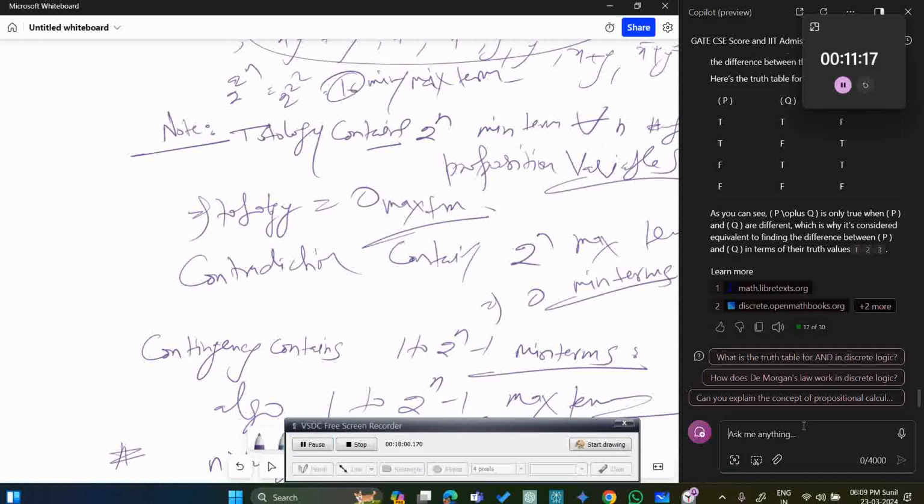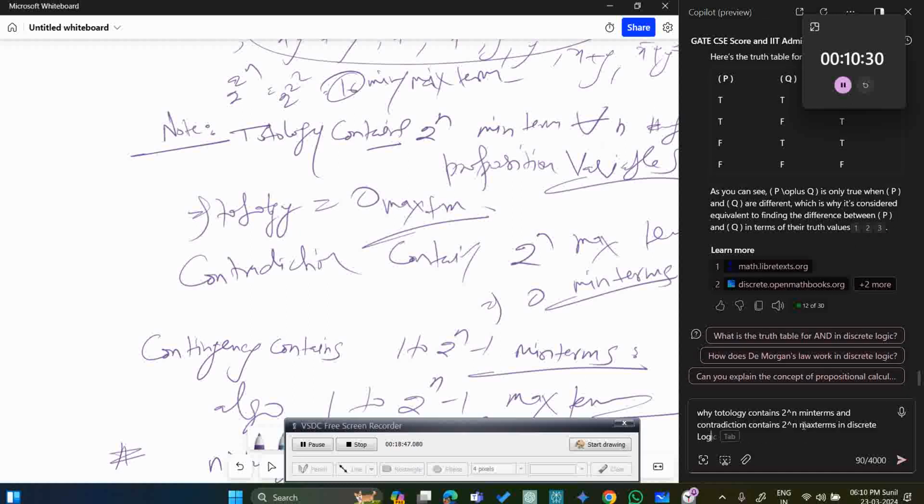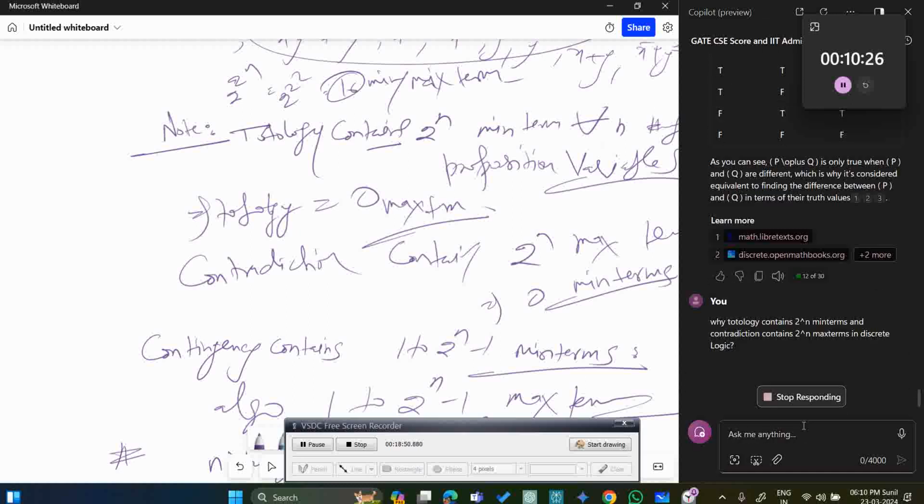Why does a tautology contain 2 to the power n minterms and a contradiction contain 2 to the power n maxterms, in discrete logic?